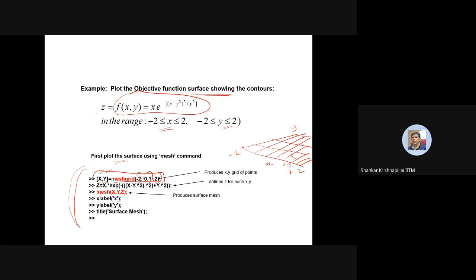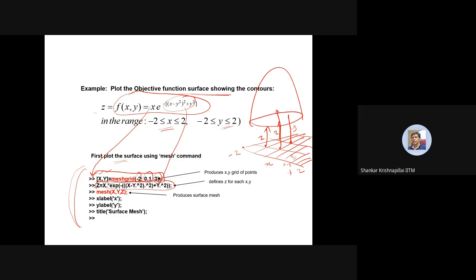The next command calculates the altitude at each grid point using this equation. You can see the exponent of minus; this term is programmed here. When you type this command, it will calculate the Z altitudes of all the grid points.